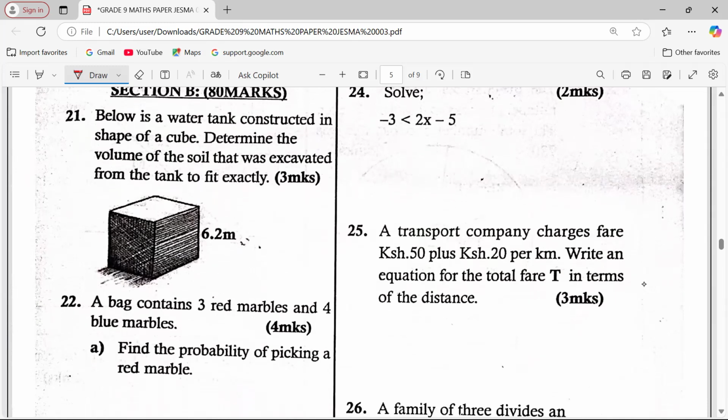So for us to get the volume of that soil, we need the volume of the tank, whereby being a cube, we need length times width times height, and they are all equal. So when we cube this, we're going to get 238.328 meters cubed. So that is the volume.